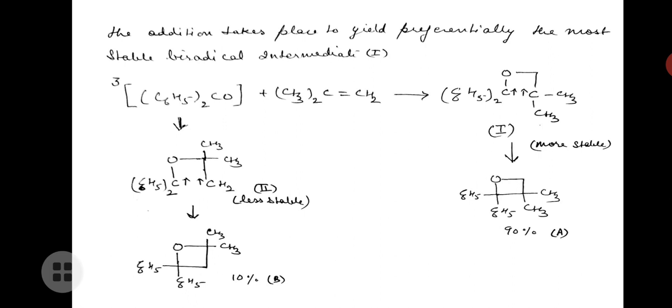If it had been a concerted reaction in which both bonds were formed simultaneously, then different products would have been formed in each case. The above result thus confirms the intermediacy of a biradical.